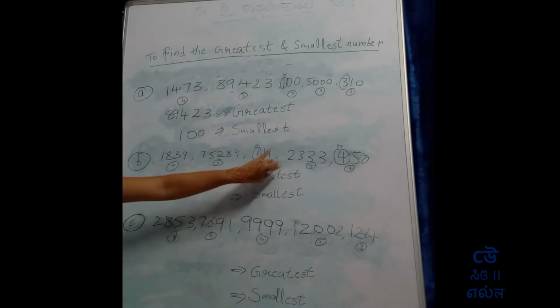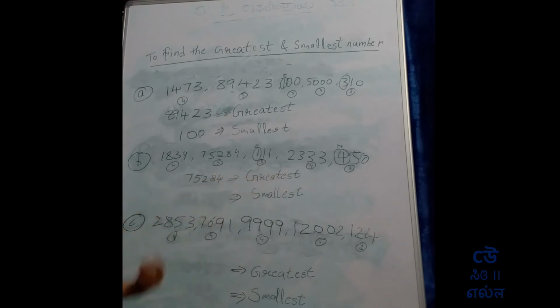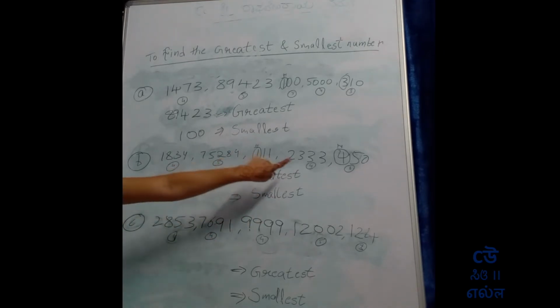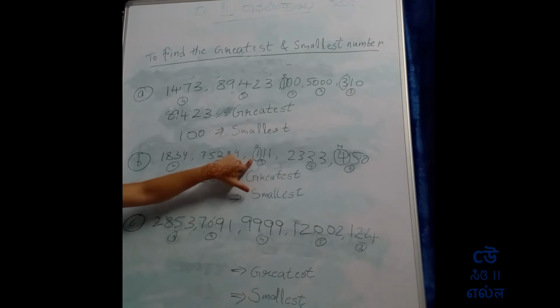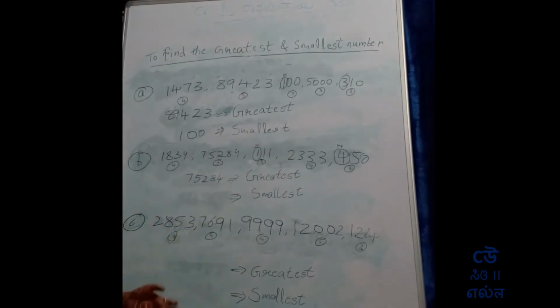Okay, in these two you have to consider the 100 place value and see which is the smallest number. In 1 and 4, which is the smallest number we have? That is 1. 1 is the smallest, no? So this will be the smallest number compared to 450. So this, 1 1 1, is the smallest.